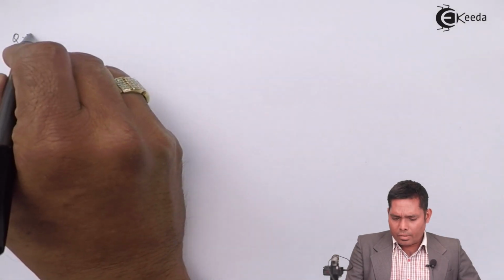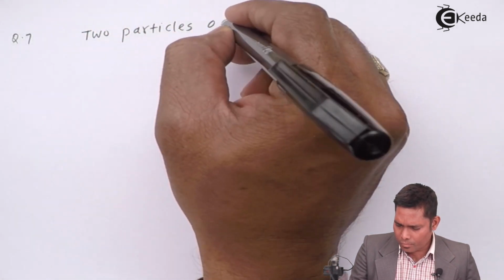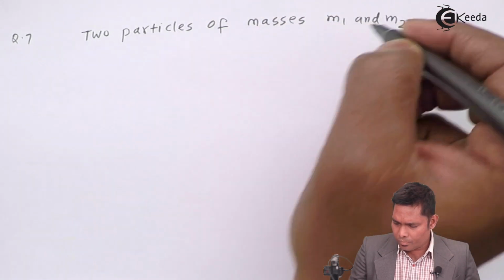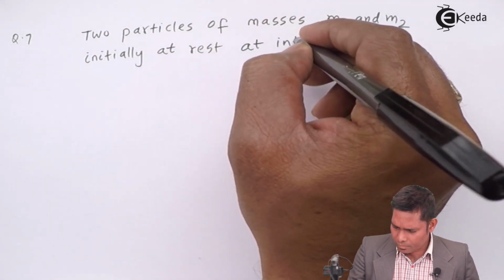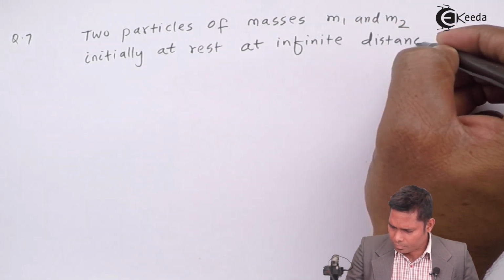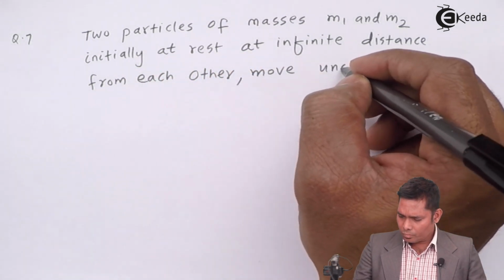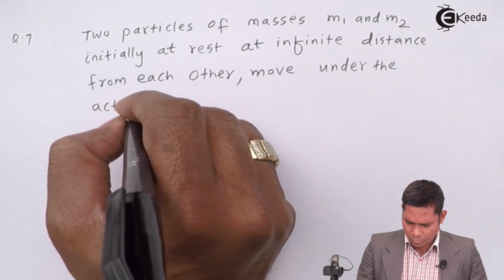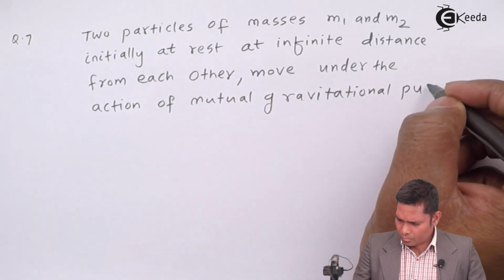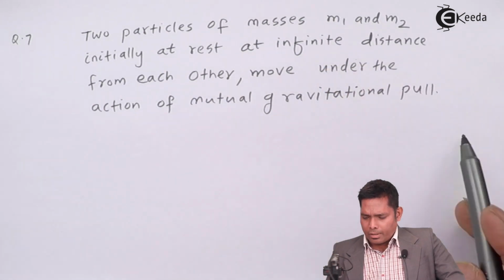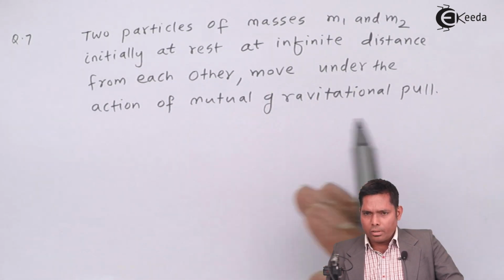The question is that two particles of masses m1 and m2 are point masses at infinite distance, initially at rest, and they move under the action of mutual gravitational pull. So gradually they will move towards each other.